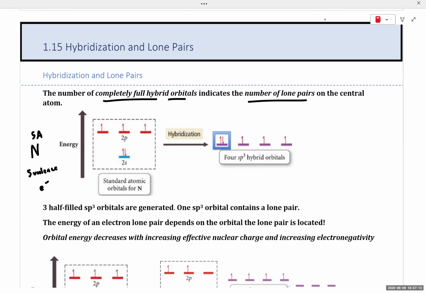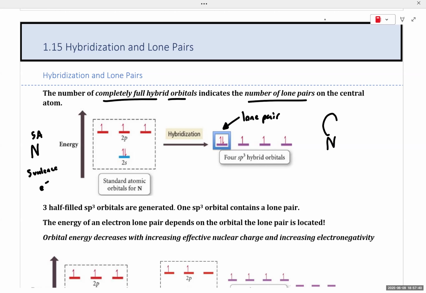So in this case, when we take nitrogen and we combine the s and p orbitals together to make sp3 hybrid orbitals, we notice this time we have 3 half-filled hybrid orbitals and 1 full hybrid orbital. This full hybrid orbital represents a lone pair being held in that hybrid orbital.